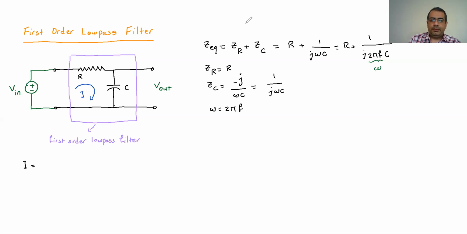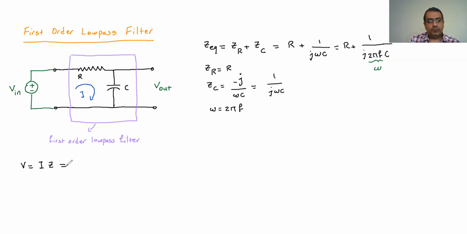So we know that if we are working with impedance, we have this equation V is equal to IZ. That equation is similar to Ohm's law.